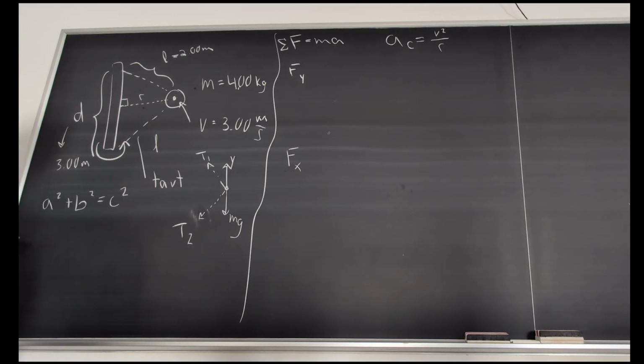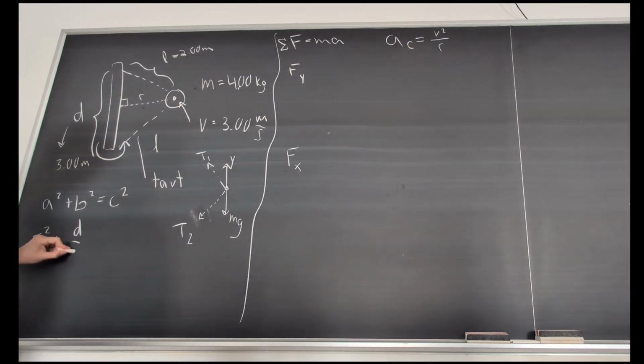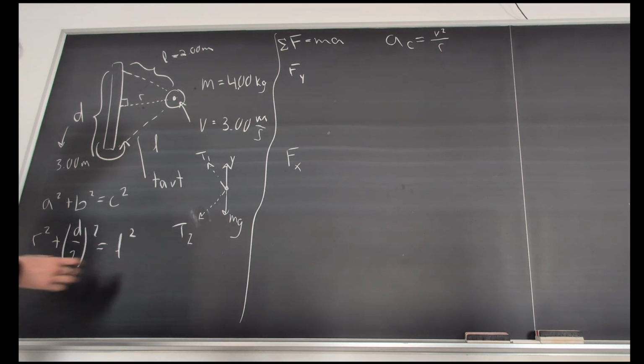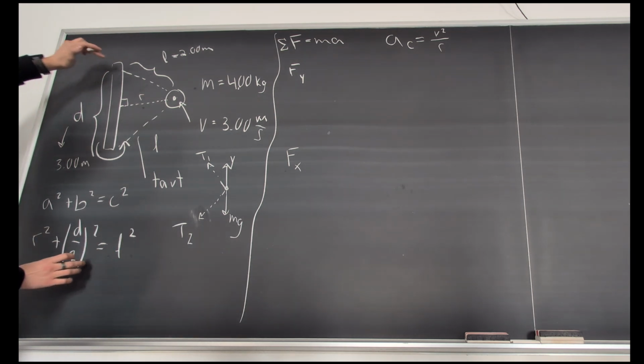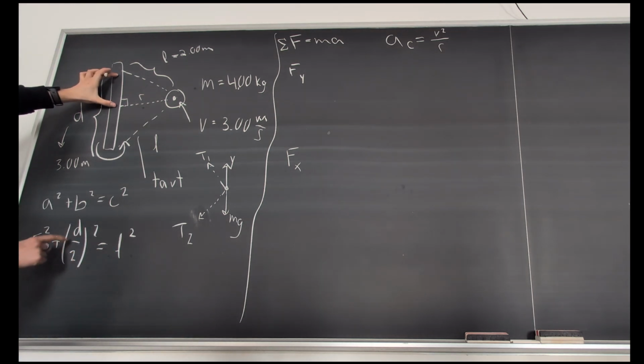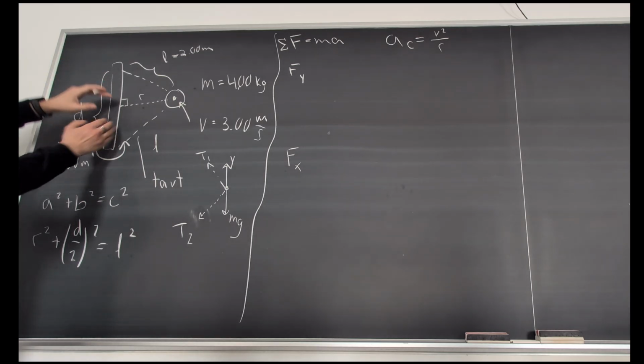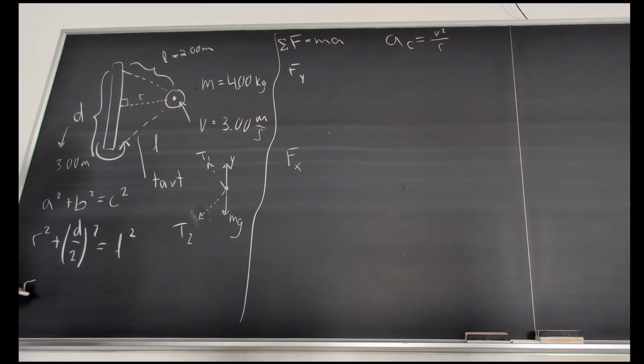Here, r squared plus (d over 2) squared is equal to L squared, right? L is the hypotenuse of this triangle, and d over 2 is one leg, because this distance I have, and then this is the other part. So I can isolate for r.